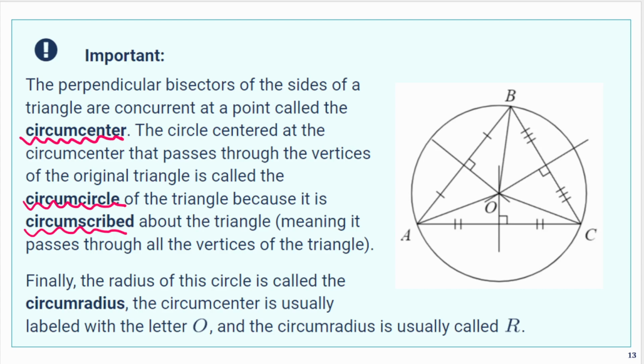Finally, the radius of the circle is called the circumradius. The circumcenter is usually labeled with letter O, and circumradius is usually labeled as letter R. Are you clear?